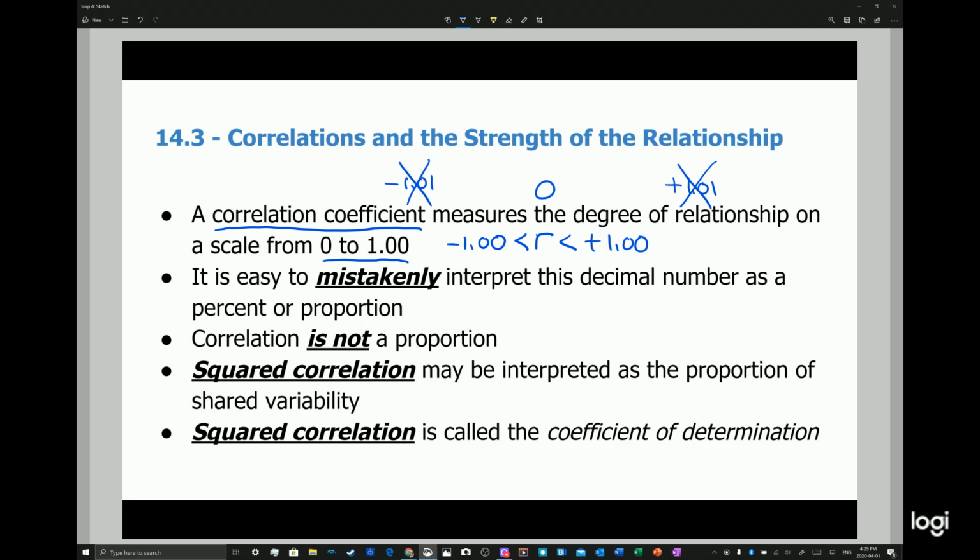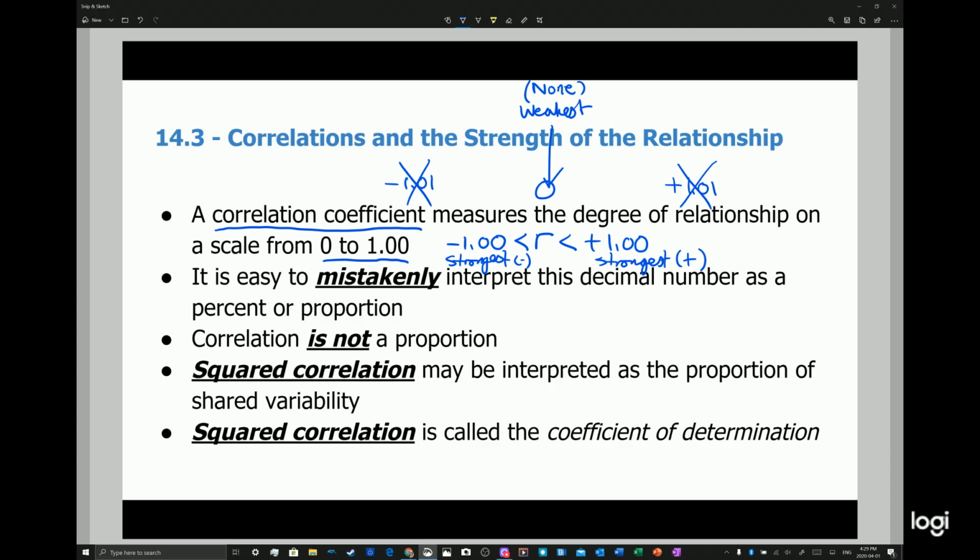So the weakest or no correlation is 0, and the strongest is 1. Strongest negative is negative 1. Strongest positive is positive 1. That's caution reminder number 1.